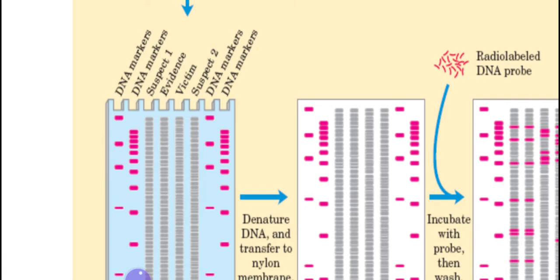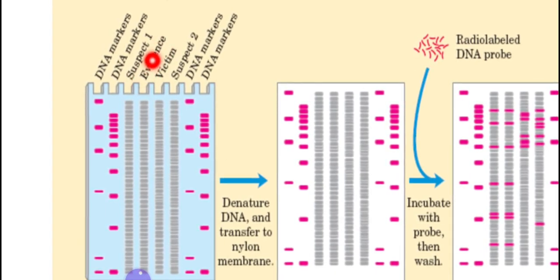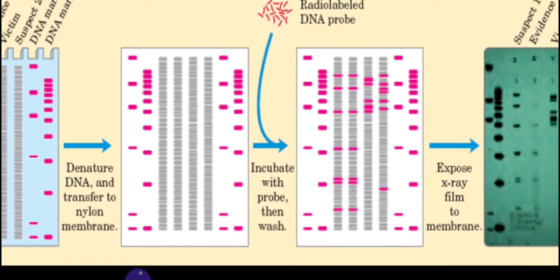As we have studied before, the DNA of two individuals can have different restriction patterns. By comparing the DNA of suspect 1 and suspect 2 to the evidence, we can find out which one is guilty.